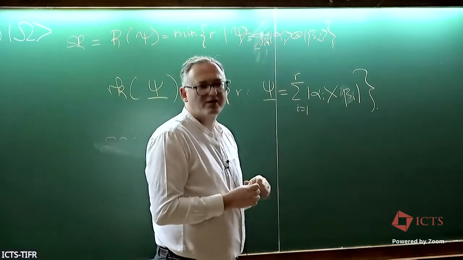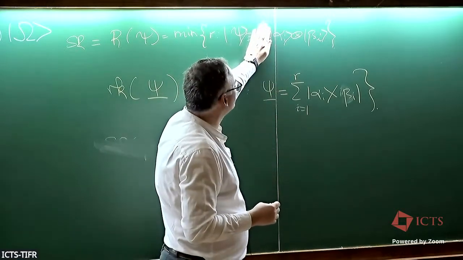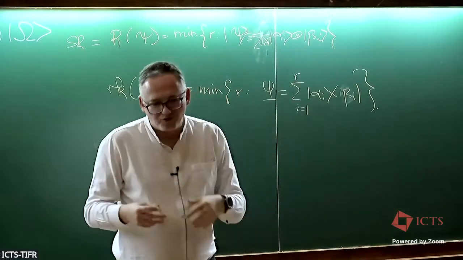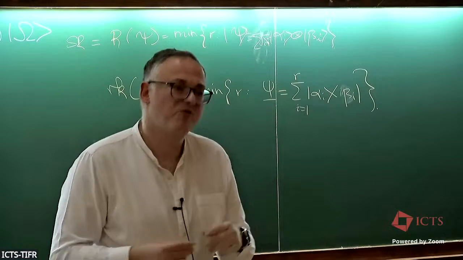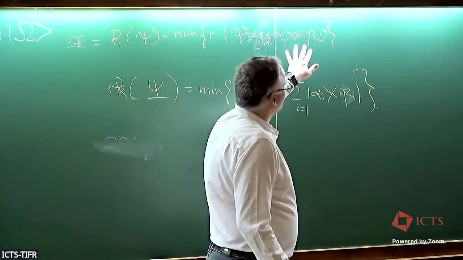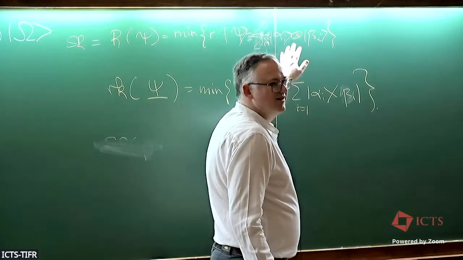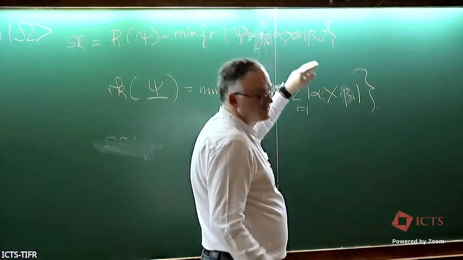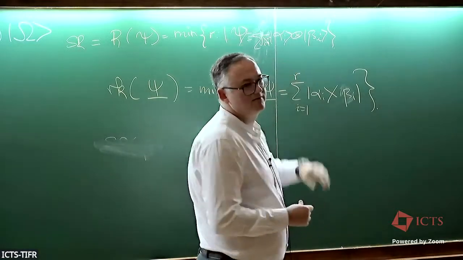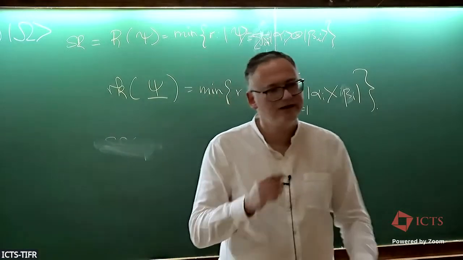It's the same as the rank. In the rank definition, I don't require this to be an orthonormal basis. But for matrices, it's true. You have the same property that I can find a decomposition with rank-of-my-matrix terms, such that the things are also orthonormal bases if my matrix was Hermitian to begin with.